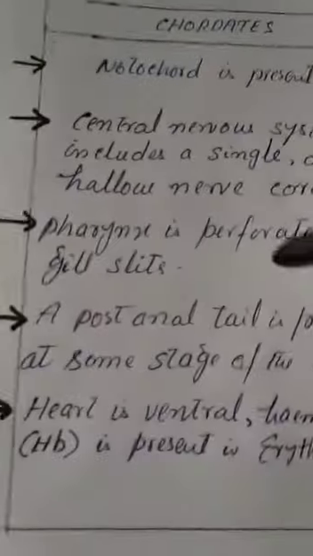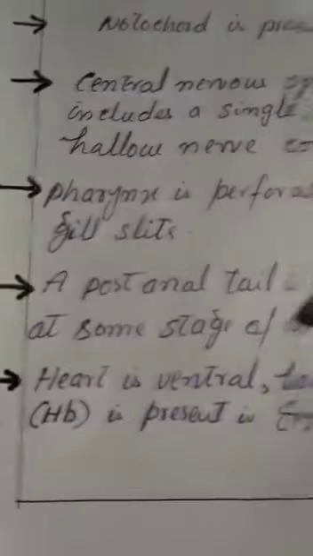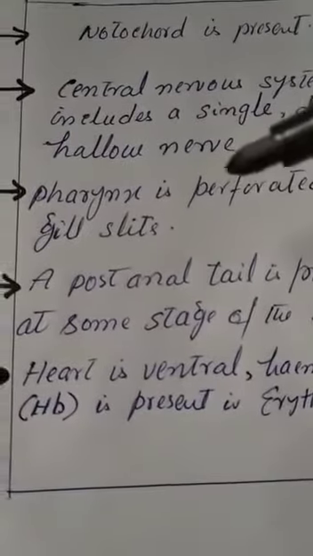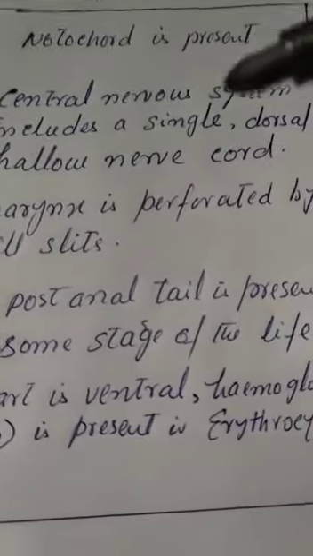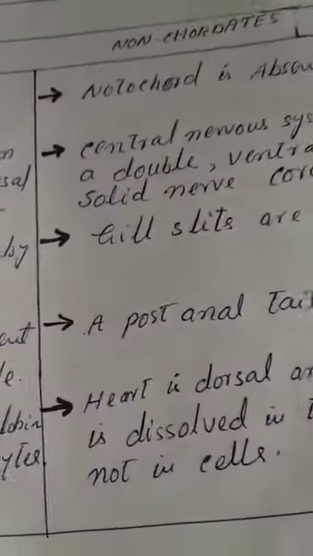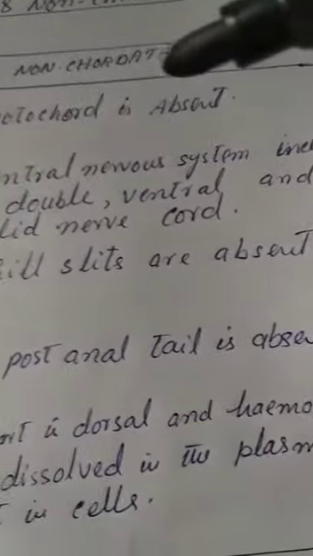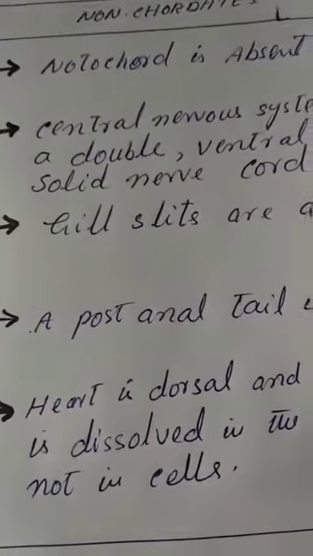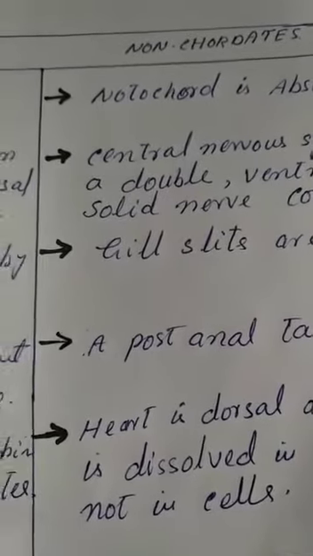And lastly, the heart in chordates is ventral, and hemoglobin, which we call Hb, the oxygen transporting pigment, is present within the RBCs or erythrocytes, whereas in non-chordates the heart is dorsal, and hemoglobin remains dissolved in plasma, not in cells.